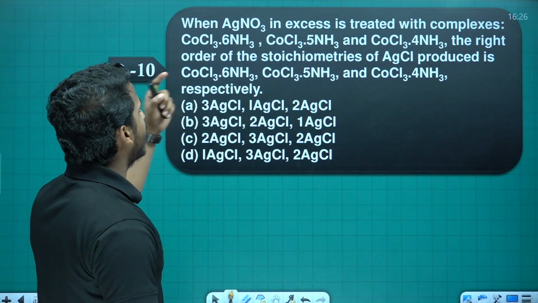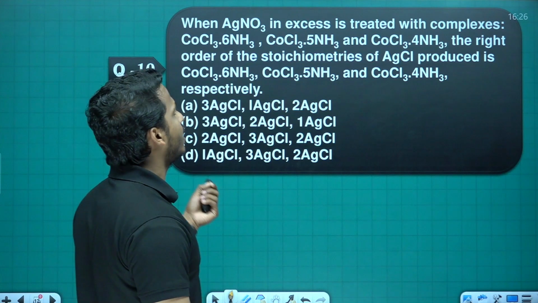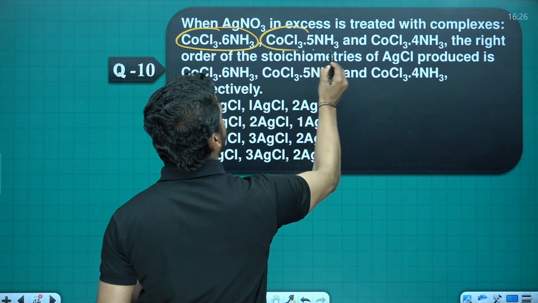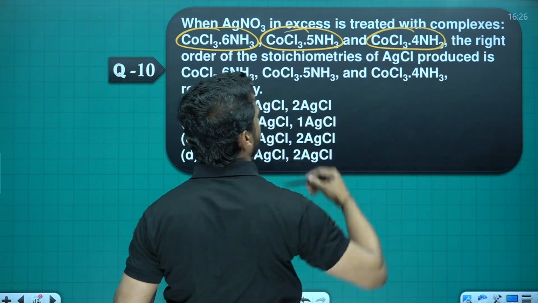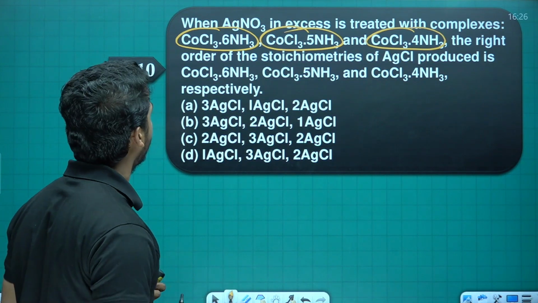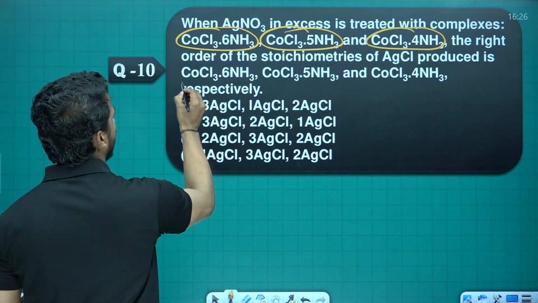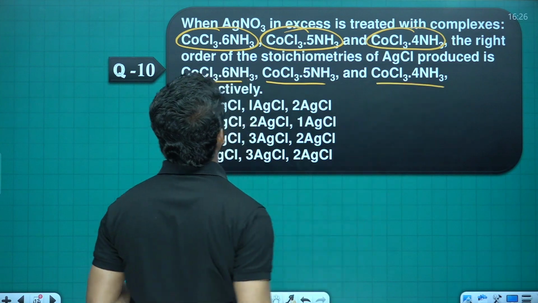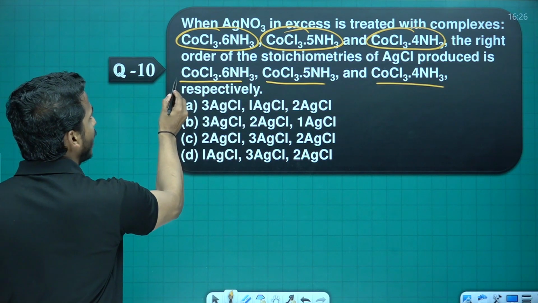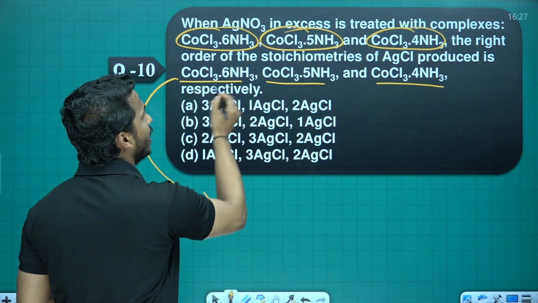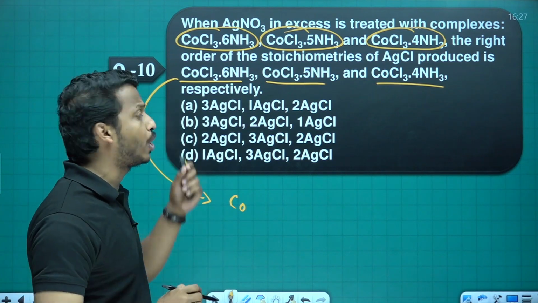Next one, when silver nitrate in excess is treated with the complexes CoCl3·6NH3, CoCl3·5NH3, CoCl3·4NH3, their molecular formulas are given. The right order of the stoichiometries of AgCl produced is this, respectively. Let me take this complex first. Cobalt is the metal atom. See, 6 amine is there, right? 6 amine and 3 chlorine is there.